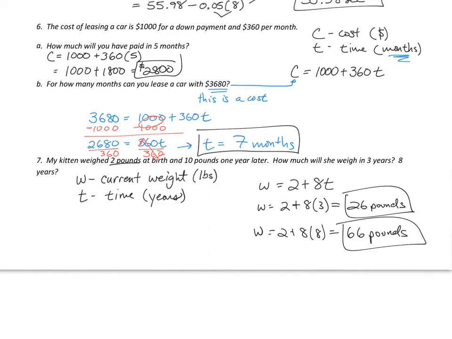So this is concerning. This is the weight of a 10-year-old child. No cat should be weighing that much. So we have to put a little asterisk here. This is only accurate for young ages.